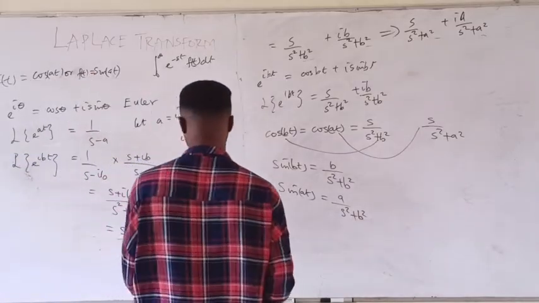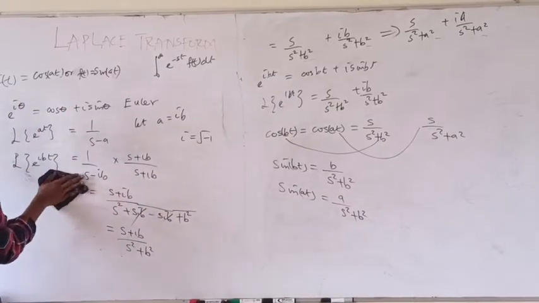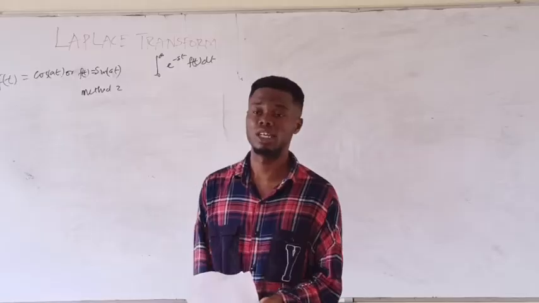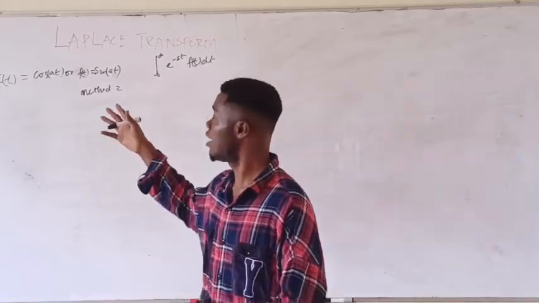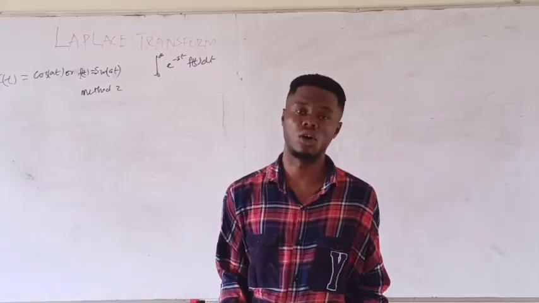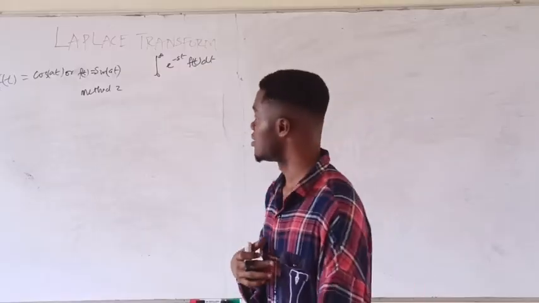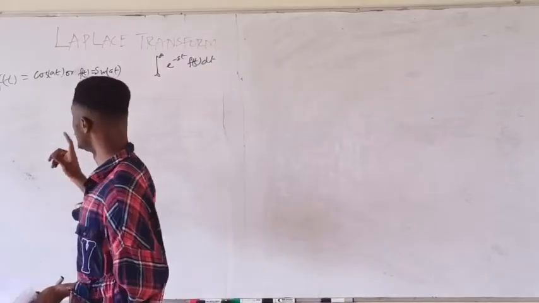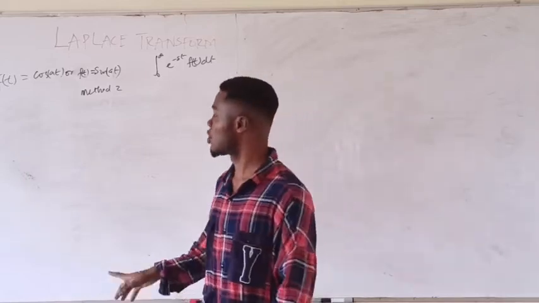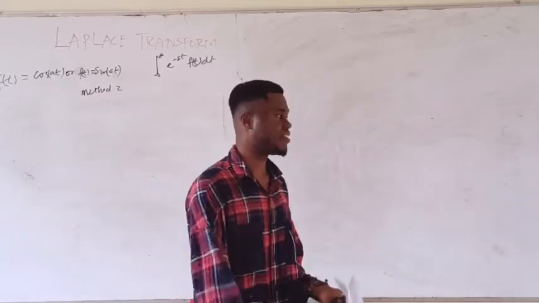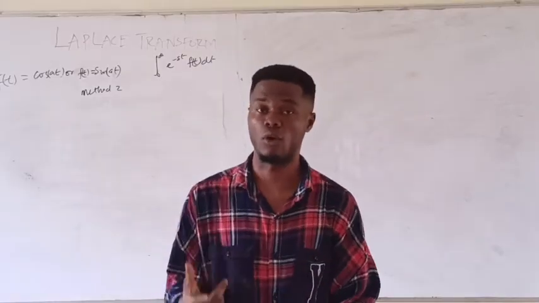So let's go with the second method of solving the Laplace of cos AT or sin AT. I'm going to do that of sin AT, while at your convenient time, try that of cos AT. You should also arrive at the initial answer which we arrived at before.